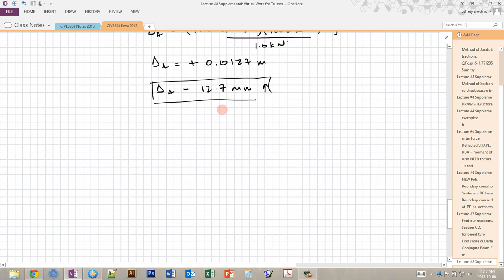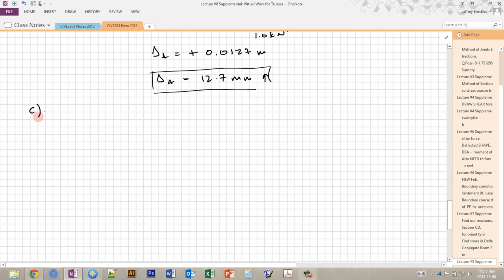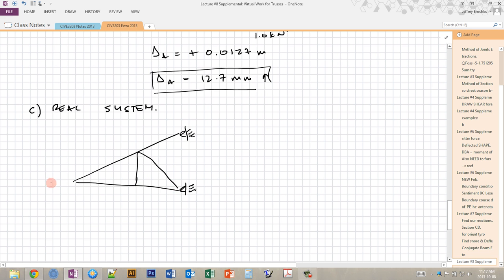Now the last part of the question asks us, what happens if we have a real system and one of the members was fabricated to be too long or too short? Okay, so we have our system that looks like this: A, B, C, D, E. And we're told in the problem that this member, AE, is 12 millimeters too short.